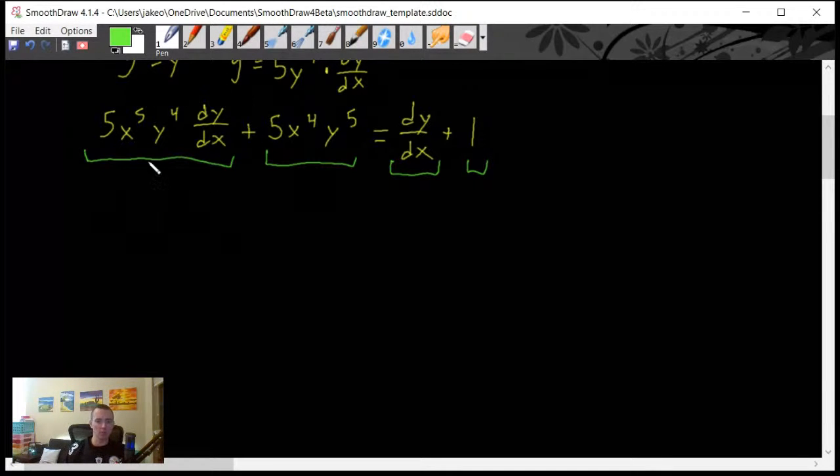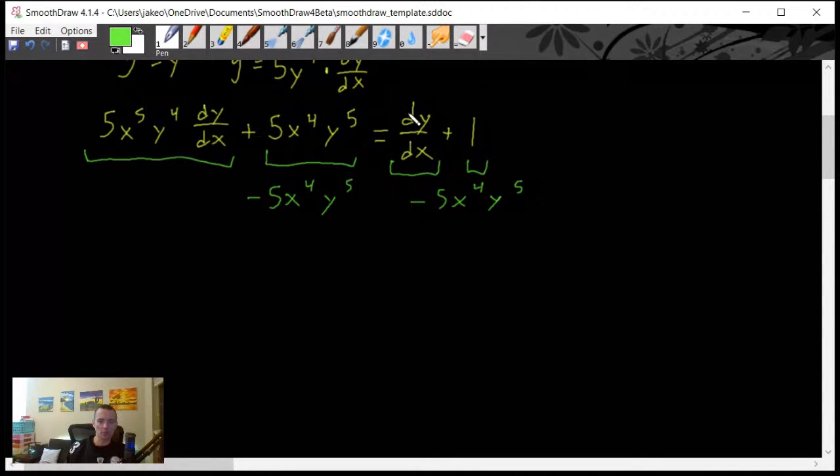So this dy dx term is already on the left. This non-dy dx term needs to move over to the right then. So we'll subtract 5x to the fourth, y to the fifth from both sides of our equation. Whatever you do to one side, you have to do to the other side also.